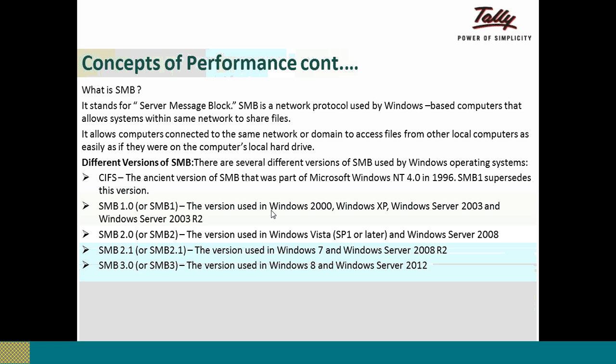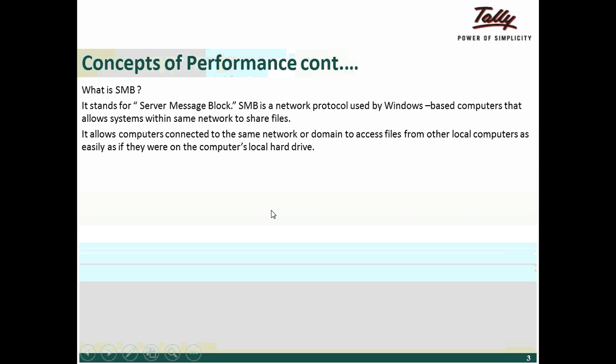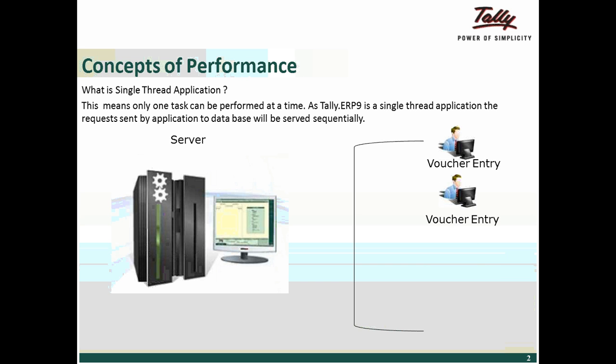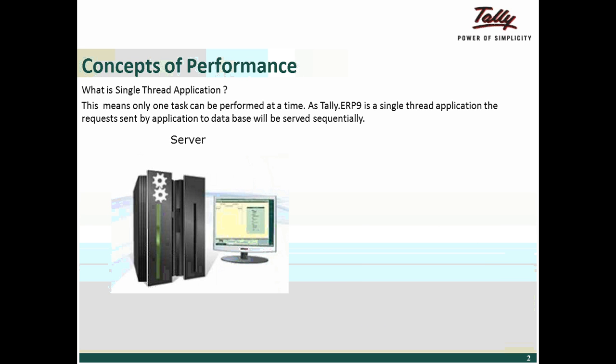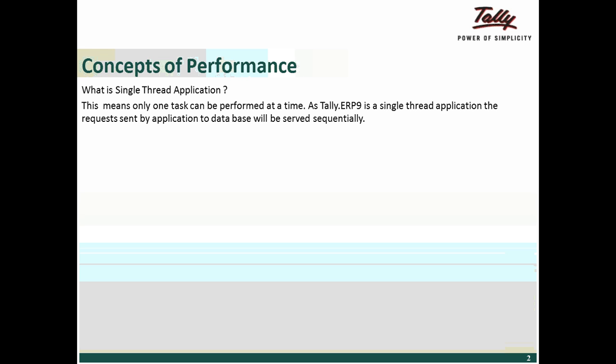Ms. Sumati, actually we were talking about the first slide, which is about the single thread. What do you mean by single thread and how does it work? Single thread is nothing but only one activity being performed at a time. In terms of Tally, voucher entry is a write activity, and write activities are performed sequentially.